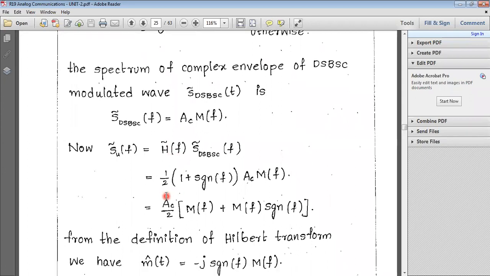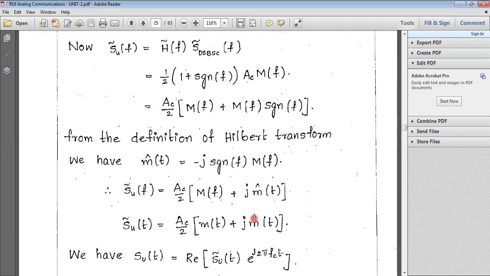You substitute half into 1 plus signum function into the DSBSC complex envelope, which is Ac into M of f. Now we have Ac by 2 multiplied with M of f plus M of f into the signum function.